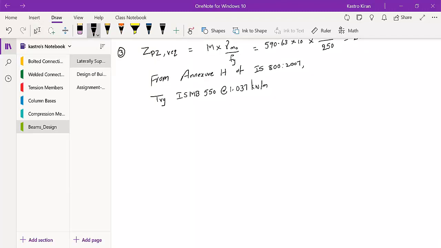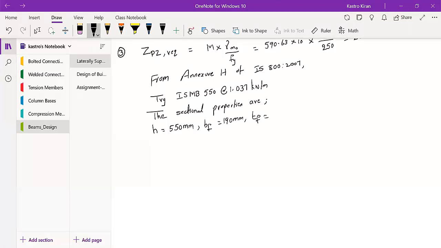So let's also write the sectional properties of this section. Height equals 550 mm. Width of flange equals 190 mm.